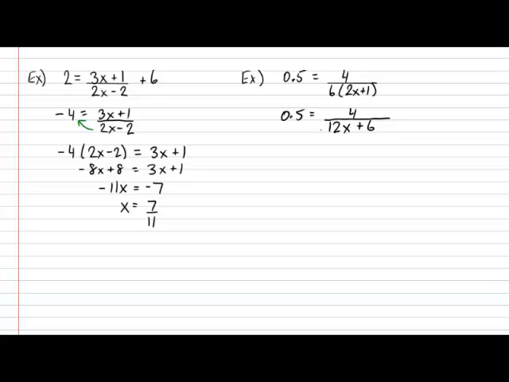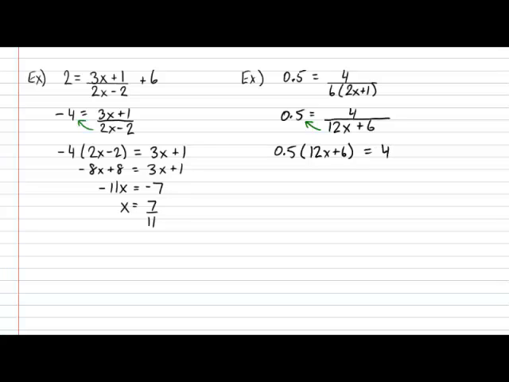And cross multiplying allows us, in this case, to multiply the 12x plus 6 with the 0.5, thereby producing 0.5 times 12x plus 6 being equal to 4.